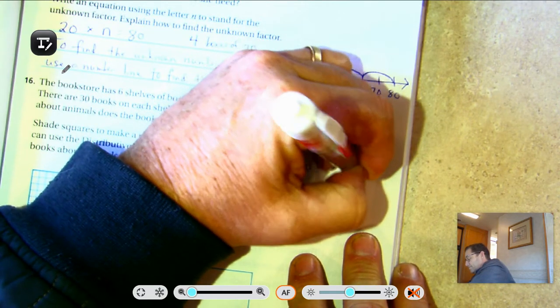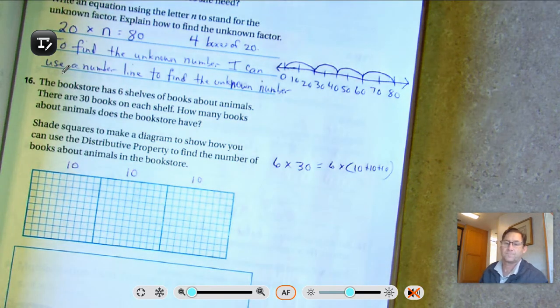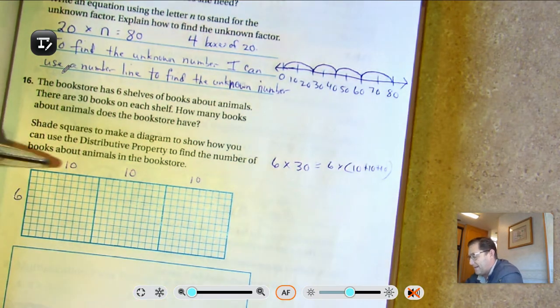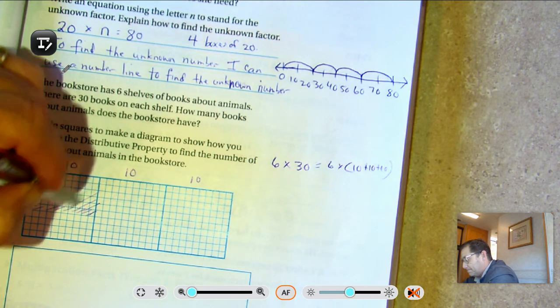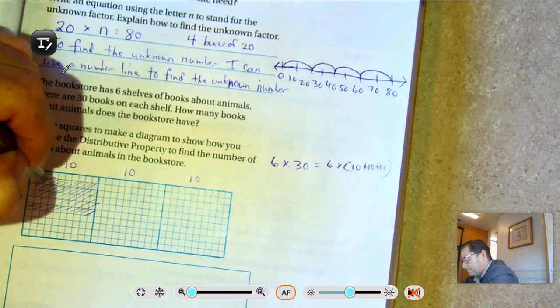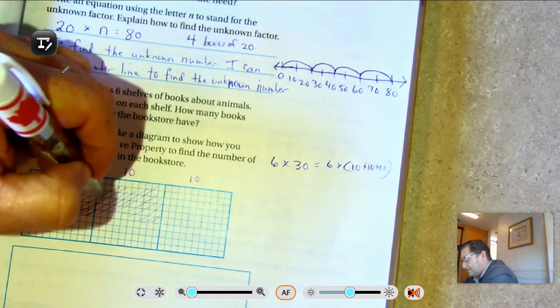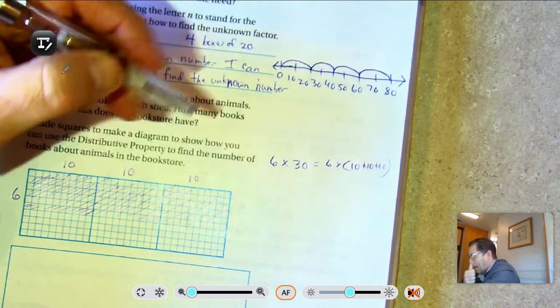So that would be the distributive property. So it's 6 times 10. 1, 2, 3, 4, 5, 6. And then 6 times 10 again. And 6 times 10.